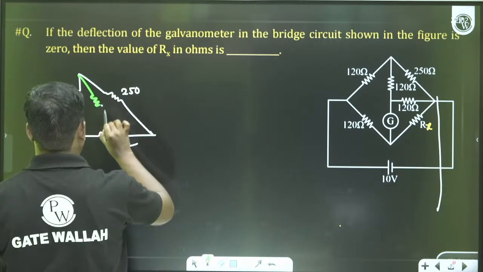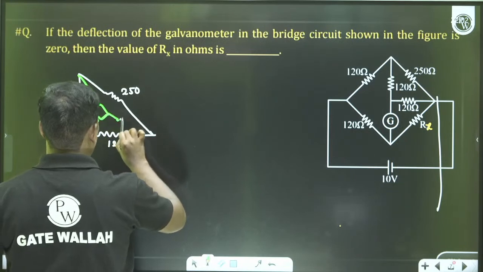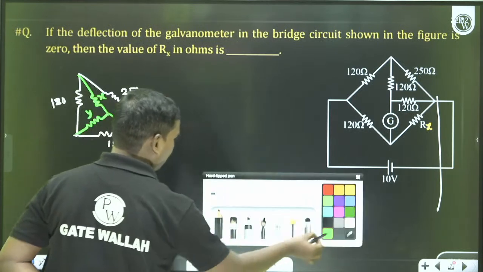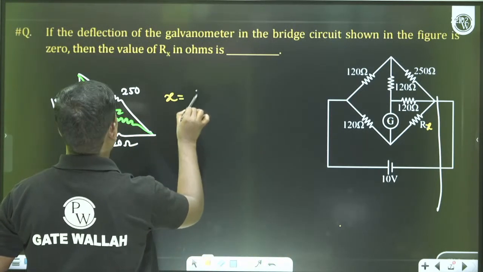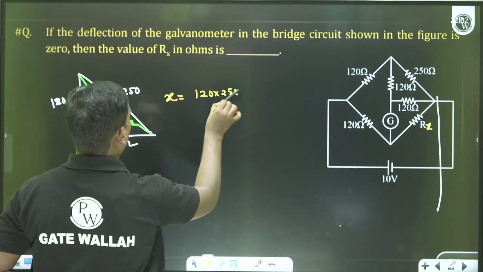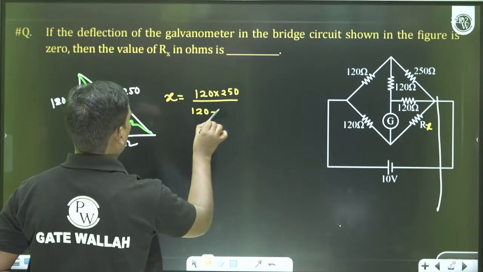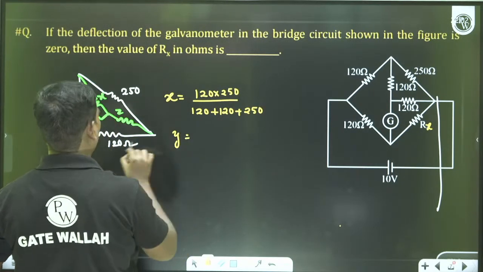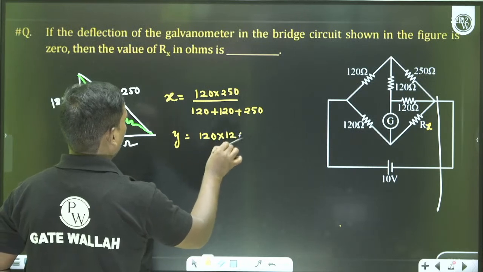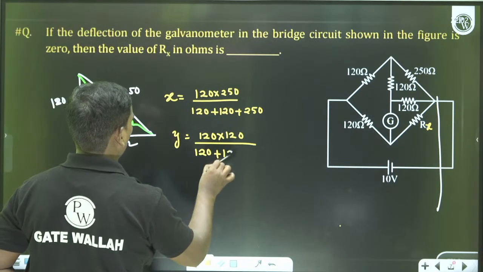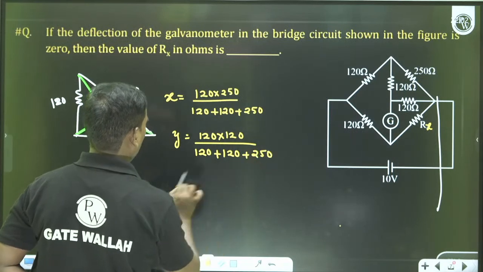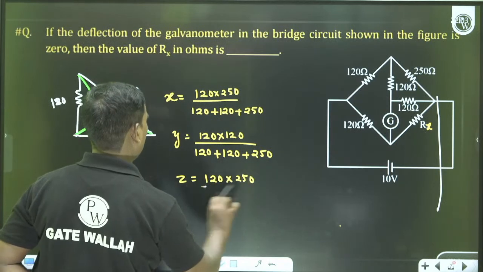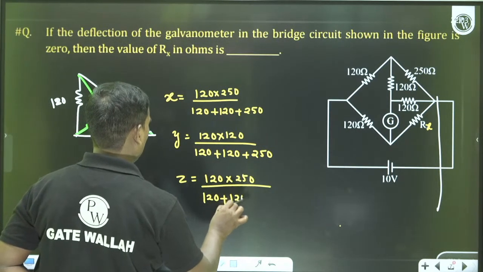Take x, y, z. X is equal to 120 into 250 divided by 120 plus 120 plus 250. Next, y is equal to 120 into 120 divided by 120 plus 120 plus 250. Next, z is 120 into 250 divided by 120 plus 120 plus 250.